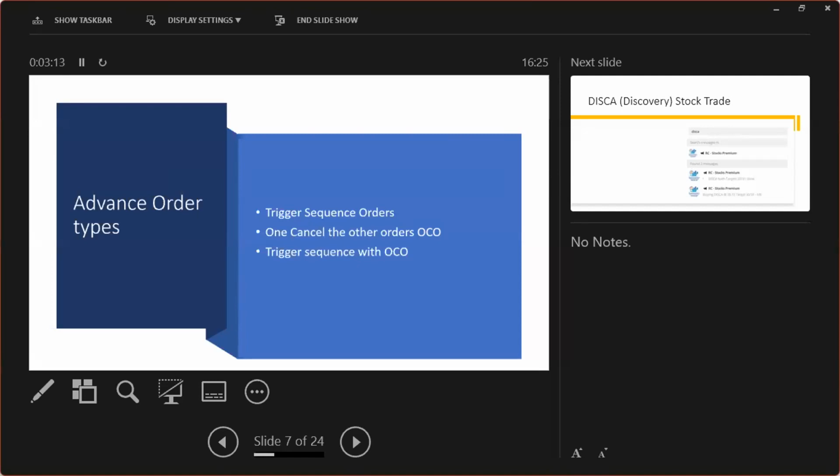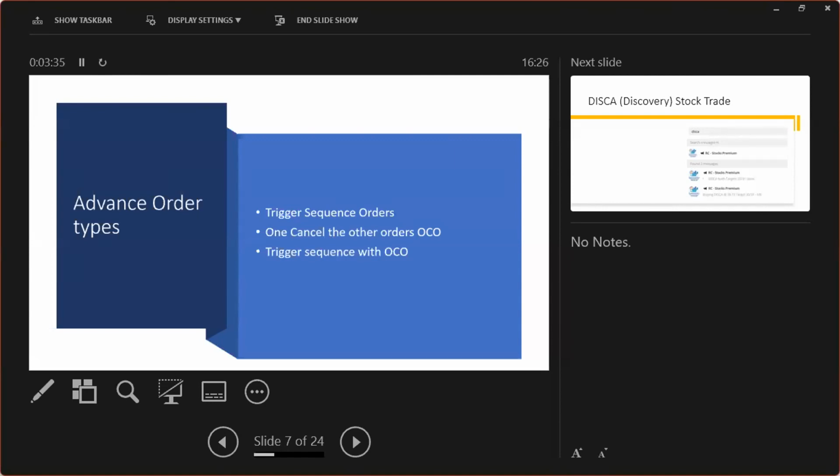You can place both the buy and sell orders at the same time. Initially the buy order will be active, and the sell order will be waiting to trigger. Once the buy order is executed, then the sell order will be waiting to execute. So simple: with a trigger sequence, you're buying at a low price and selling at a high price.